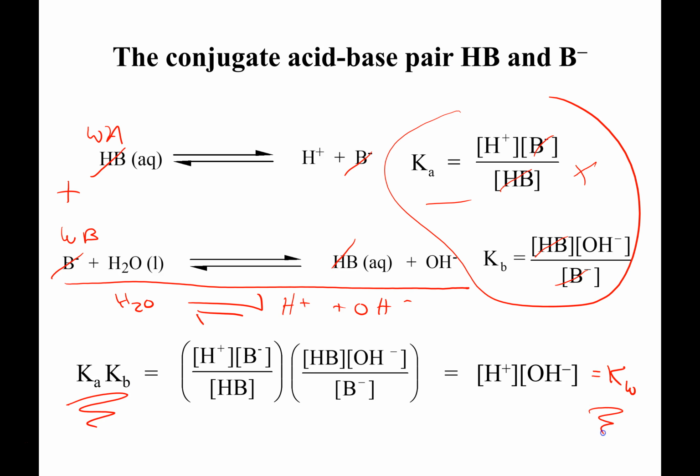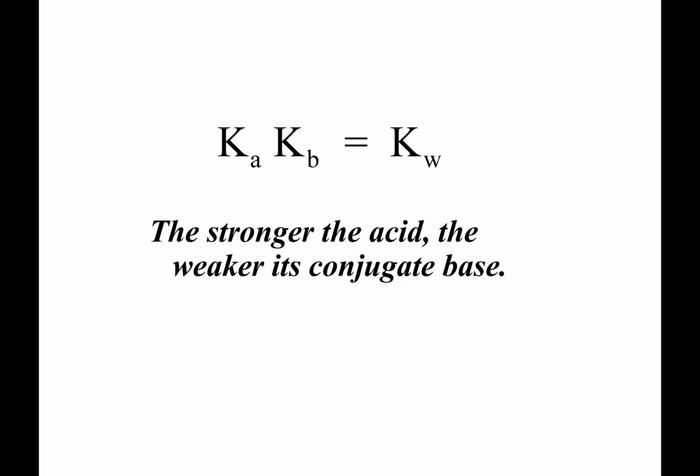On the previous slide, I said that as long as they're conjugates of each other, you take the Ka for the conjugate acid, Kb for the conjugate base, multiply them together, you're going to get Kw. There's the proof. Proof is in the pudding.